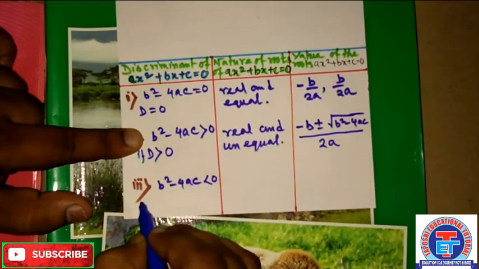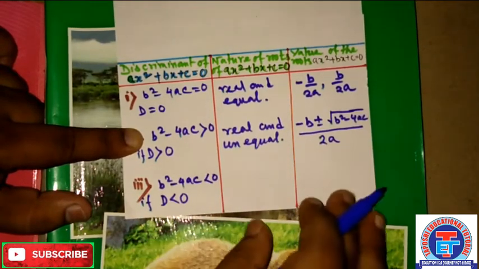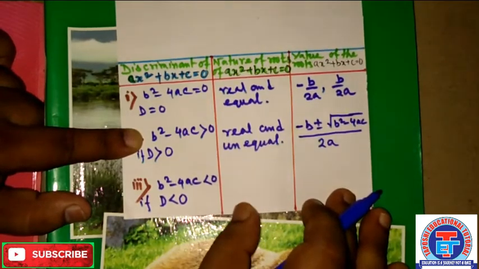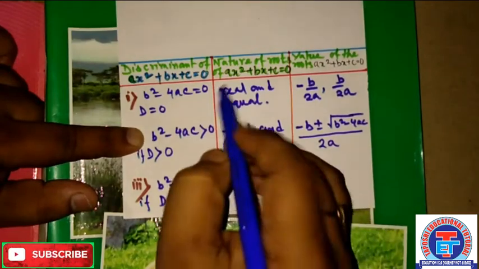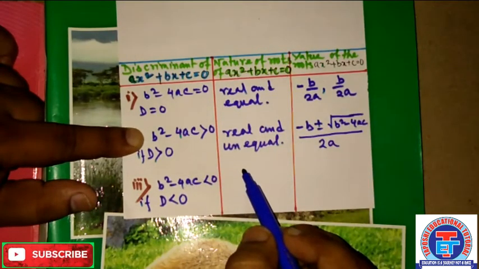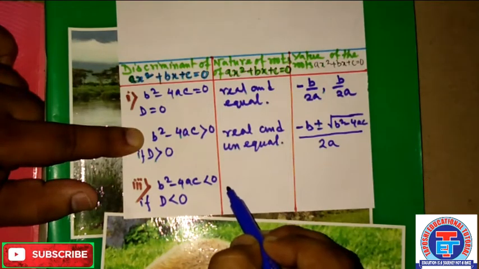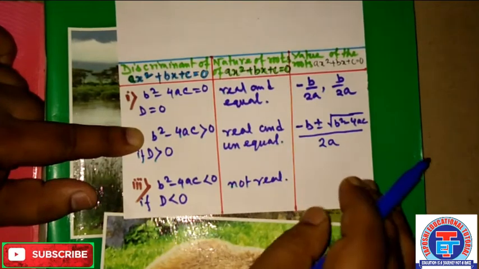less than 0. That means if D is less than 0, in that case we can write not real. That means the nature of roots of ax square plus bx plus c is equal to 0 is not real. Okay.